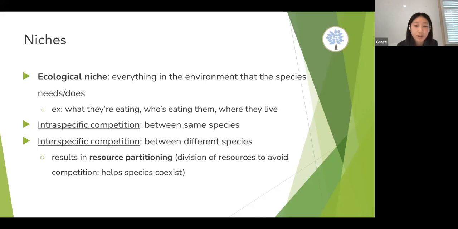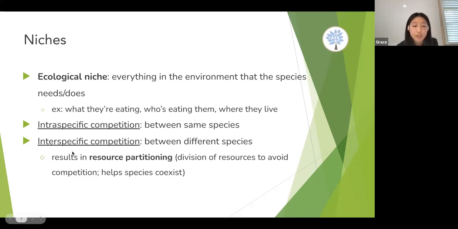And interspecific competition is going to be between different species. So for example, cows and rabbits are both going to be eating grass. So that's going to cause both of them, which are different species, to compete for something that's the same.